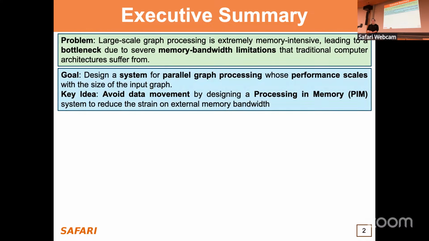The goal of the paper is to design a system for parallel graph processing whose performance scales with the size of the input graph. The key idea is to avoid data movement as much as possible by designing a processing-in-memory system to reduce the strain on external memory bandwidth.